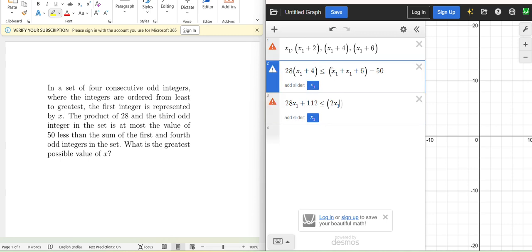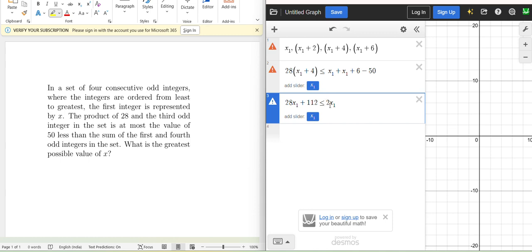You can remove this bracket as well, no need to write it. Then on the right side, 6 minus 50 is minus 44. Yes, minus 44.